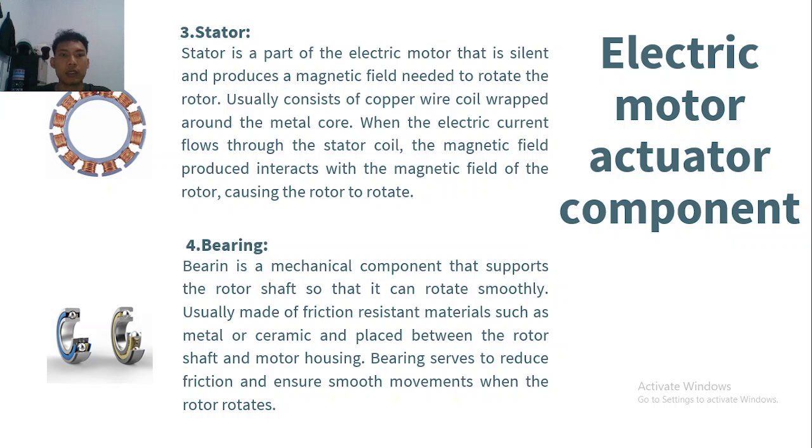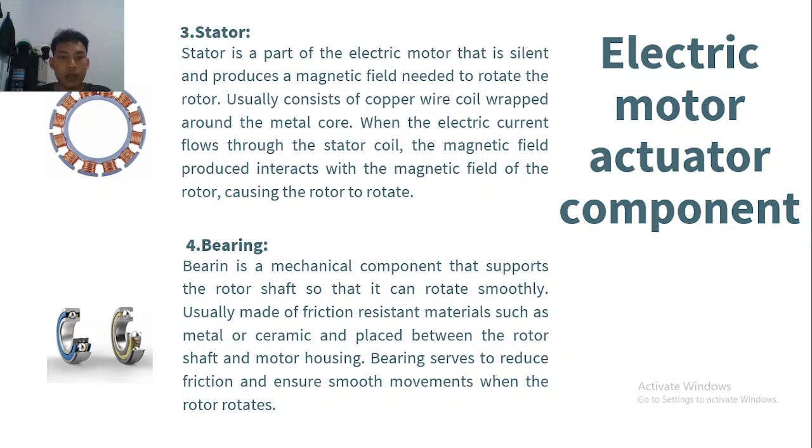Next, number three is the stator, the stationary part of the electric motor that produces the magnetic field needed to rotate the rotor, usually consisting of copper wire coil wrapped around a metal core. When the electric current flows through the stator coil, the magnetic field produced interacts with the magnetic field on the rotor, causing the rotor to rotate.